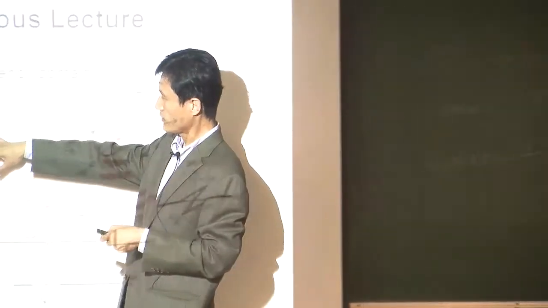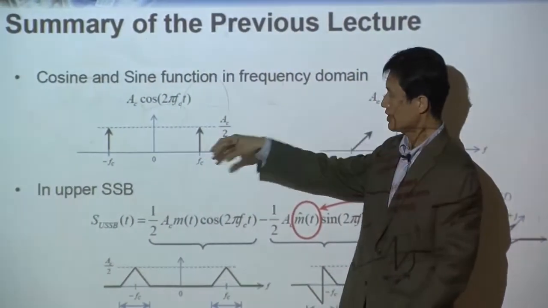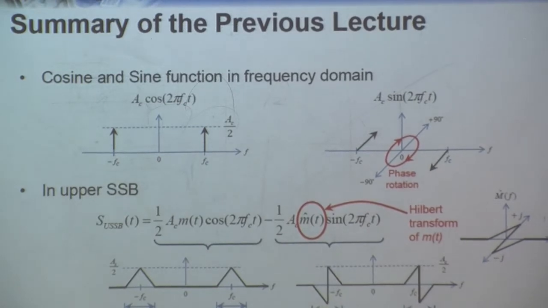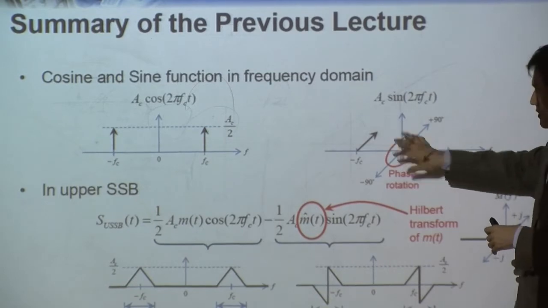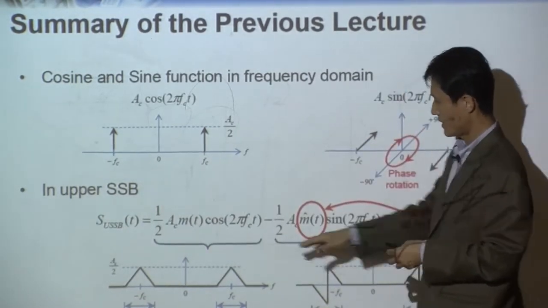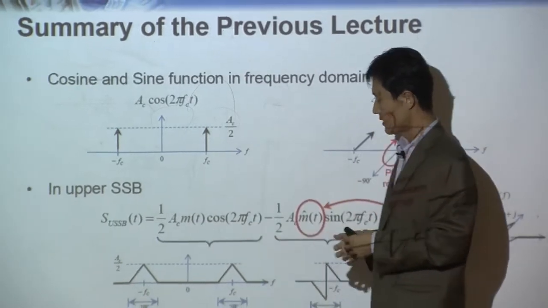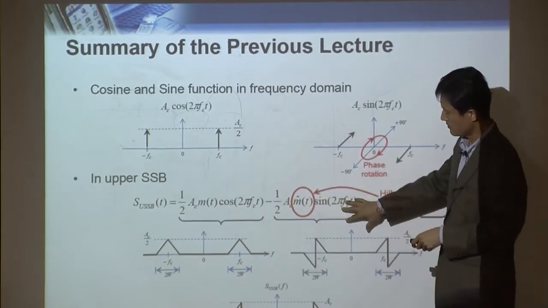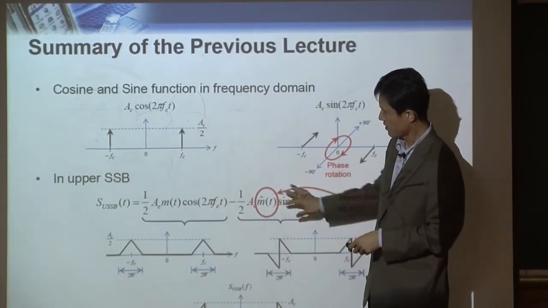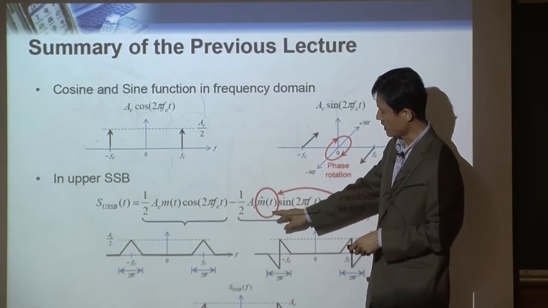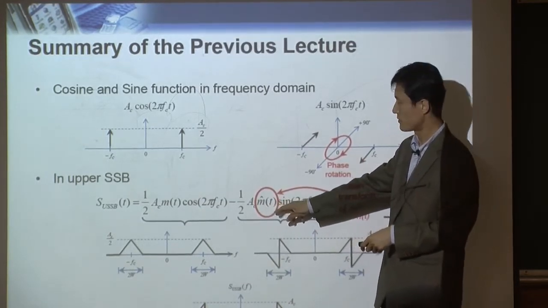But anyway, coming back to the Hilbert transformer, put this one into the Hilbert transformer, and now you're going to get this. Now when you look at the upper sideband, as we discussed, the first term is a double sideband, and the second term is a little bit complex, but in the second term we have the Hilbert transformer output of your original message.